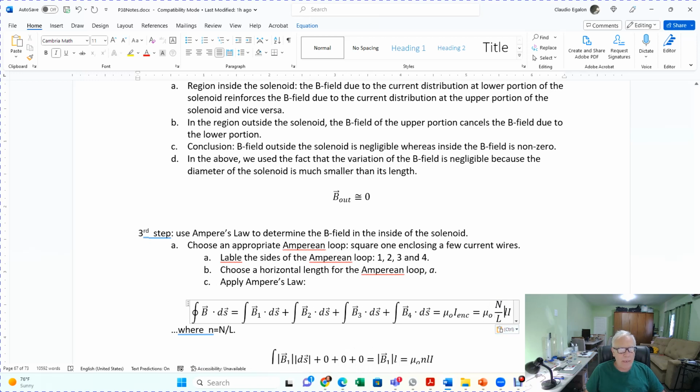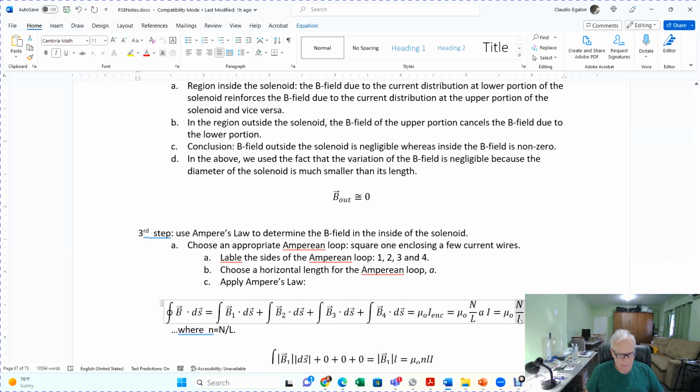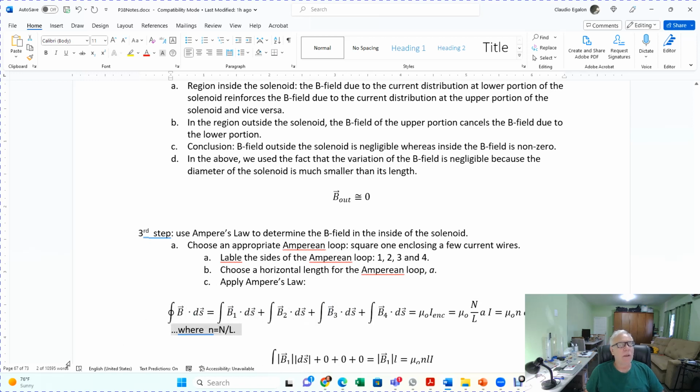And here you're going to have A, not the capital L, but A. If A is equal to capital L, you're going to have N. I'm going to write it in terms of lowercase n, where lowercase n is big N over L. So let's go one by one.